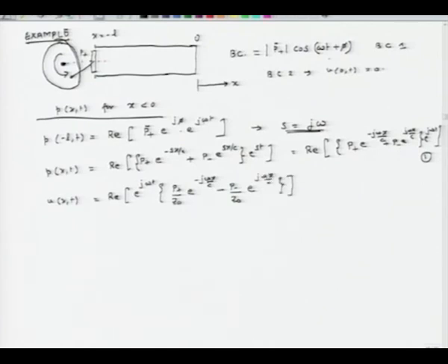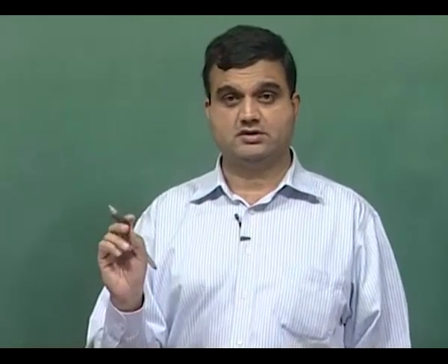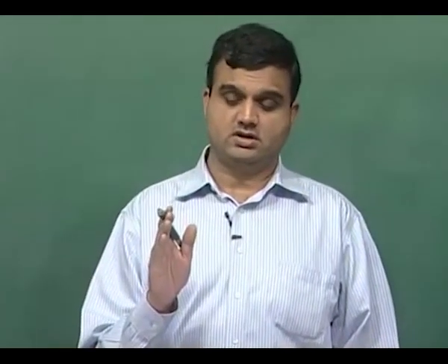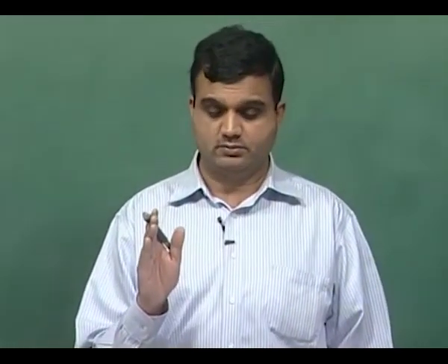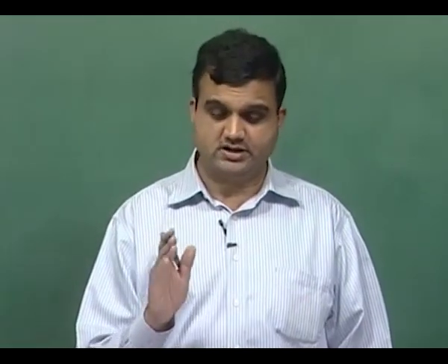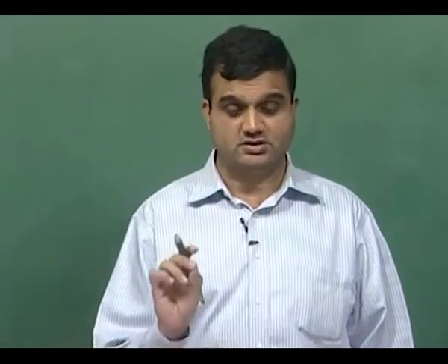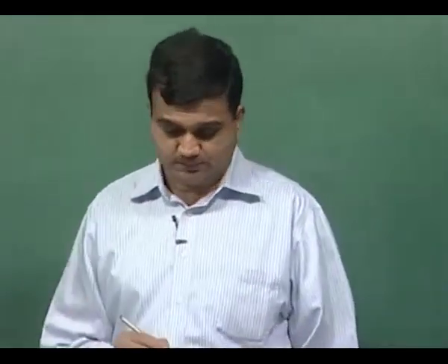Now, I know that at x equals 0, u(0,t) equals 0, because this is a rigid wall. So, the wall is not moving. So, whatever is the velocity of the wall is going to be the same as the velocity of fluid particles. So, velocity of fluid particles is also 0 at x equals 0.